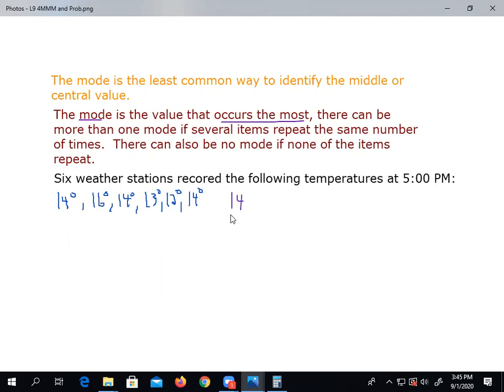So I see a 14, a 16, another 14, a 13, a 12, and another 14. So by laying it out this way, you can start to see that the 14 is what occurred the most. So 14 degrees would be the mode.